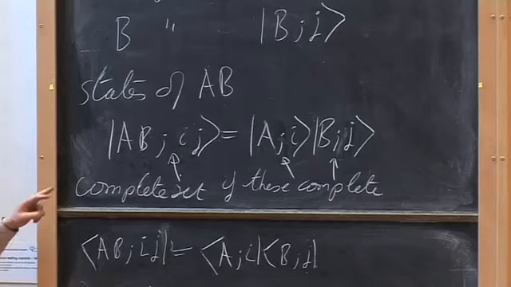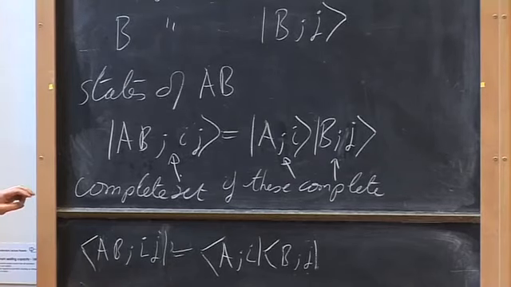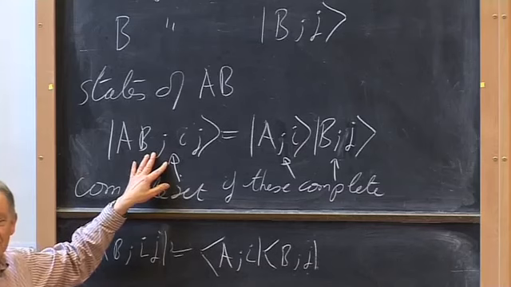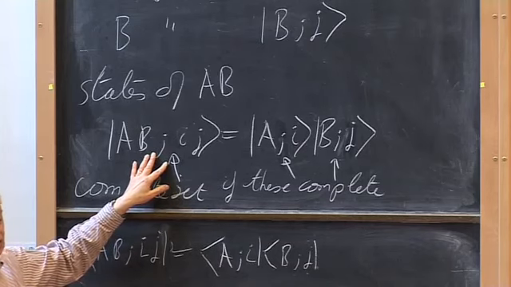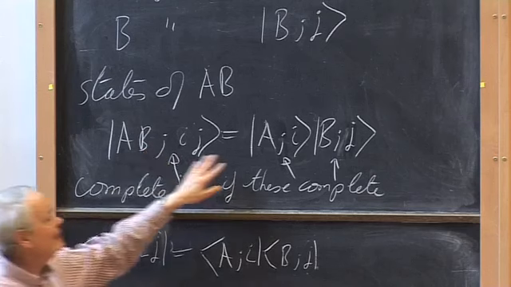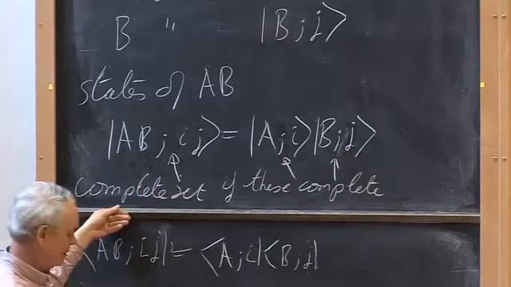Now, what's this telling us? This is telling us that any state of the system, including correlated states, which, as I've tried to argue, are natural states, states in which the two subsystems are correlated, must be writable as linear combinations of these objects.